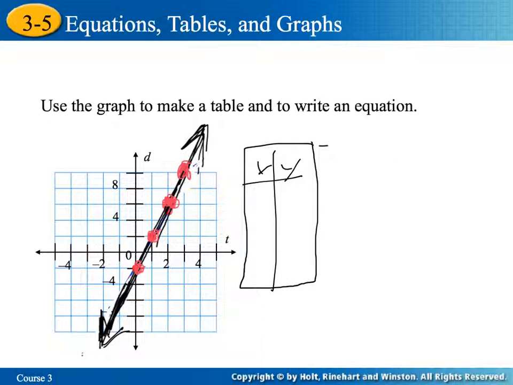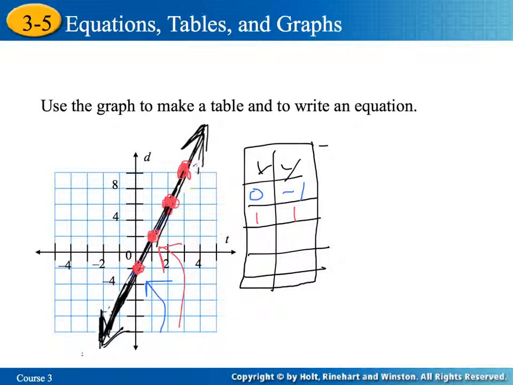Now, 4 points there. My very first one, I start at the bottom left. If my x was 0, my y is -1. Next point, which is right there: my x is 1, my y is 1.